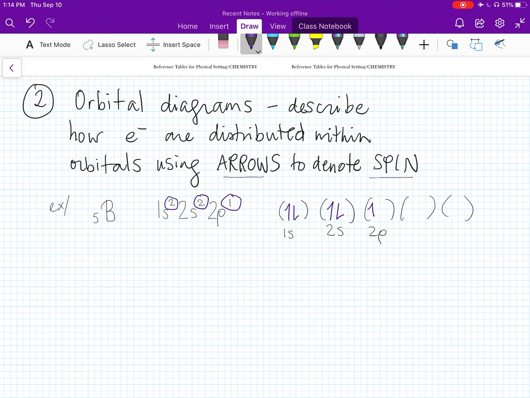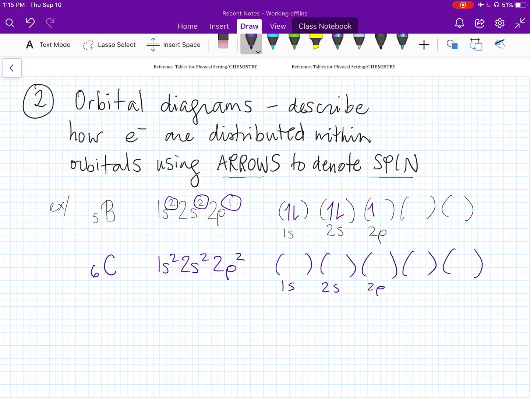Now, what happens when we have carbon? Carbon has 1 more electron than boron has, and its electron configuration looks like this. So I'm going to write, once again, the parentheses representing my 1s, 2s, and 2p orbitals.